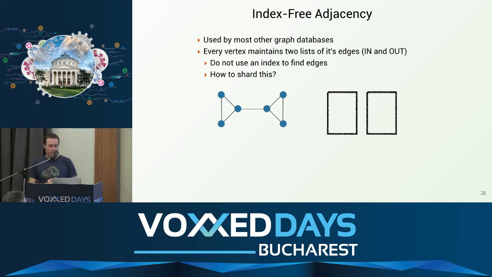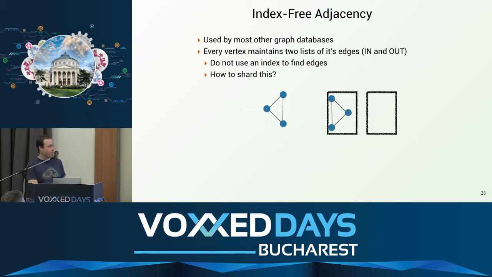And then I have to talk about so-called index-free adjacency, which is the thing that most other graph databases do. ArangoDB uses an edge index, which allows us to actually separate the edges from the vertices. But most other graph databases use index-free adjacency. That means they store the edges directly attached to the vertices. So every vertex maintains 2 lists, in and outbound edges, basically. But how to shard this? In this example, I have a pretty simple graph.